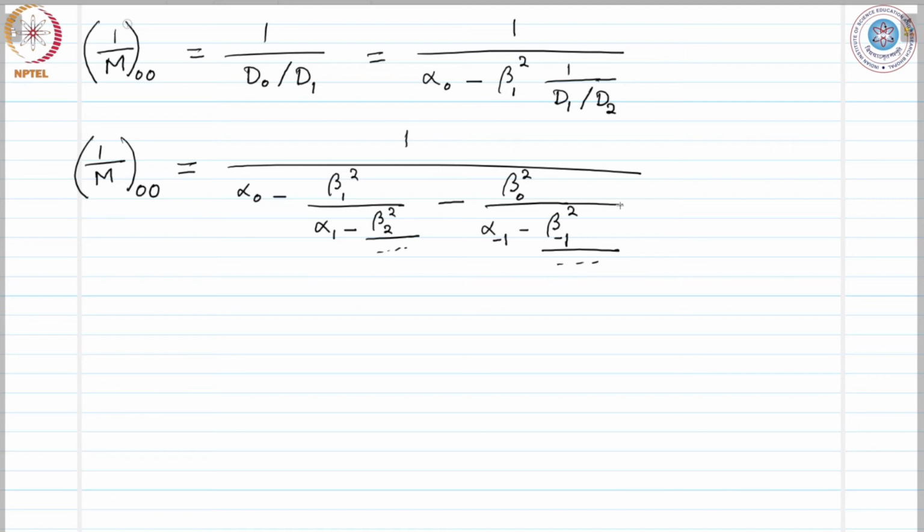So, we have written a continued fraction expression for the elements of the inverse matrix.